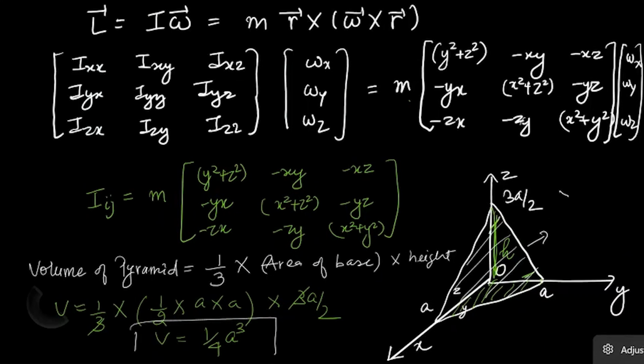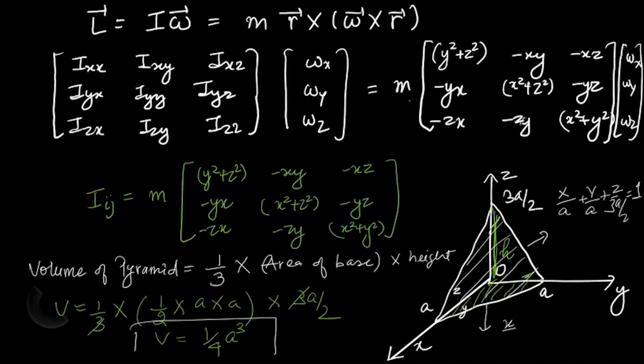Before finding the matrix, let's write the equations for the relation between x, y, and z. x over a, the intercept, y over a, its intercept, and z over 3a by 2, the intercept on the z axis, is equal to 1. This equation interrelates x, y, and z.